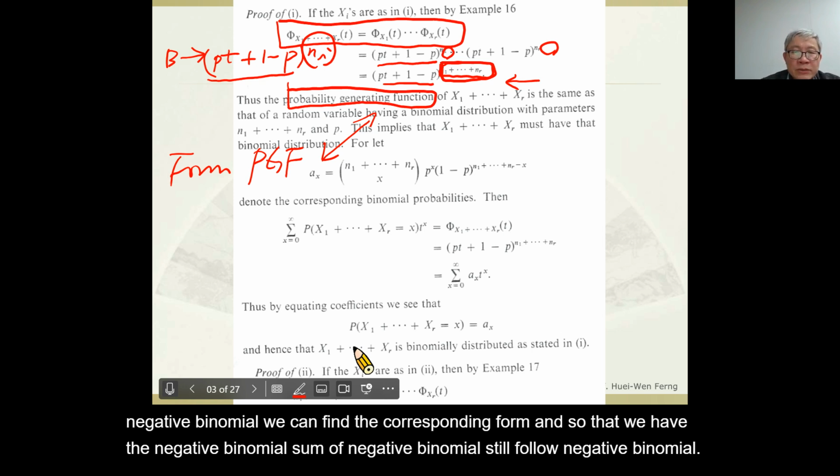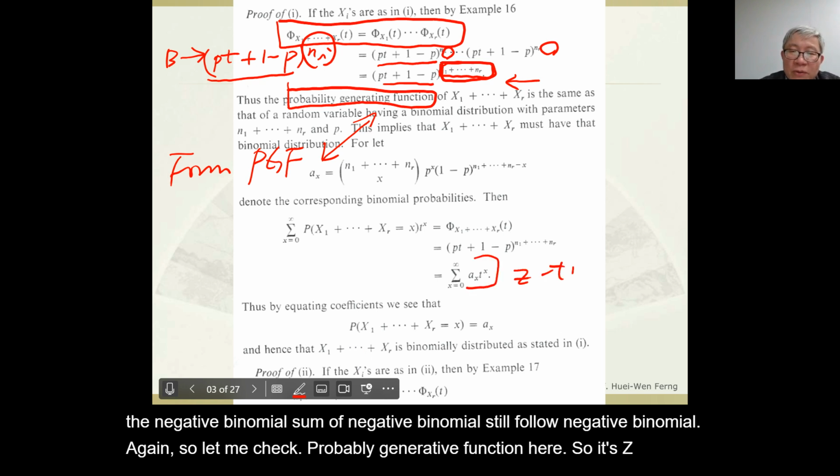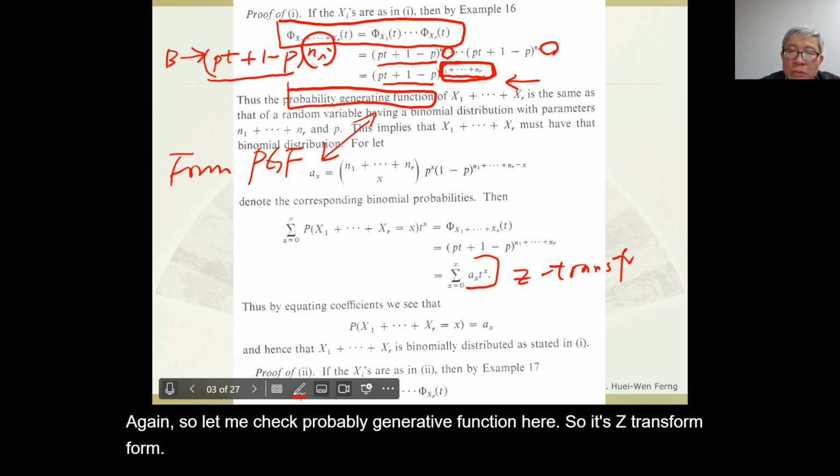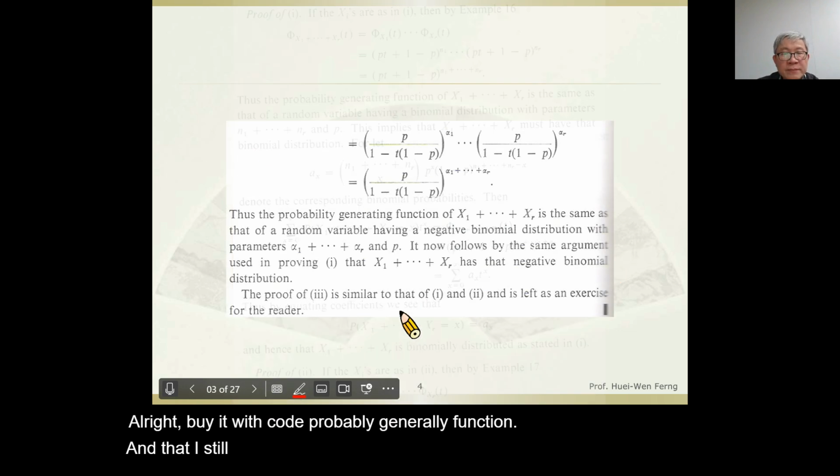Well, again, let me check the probability generating function here. It's the Z transform form, but we call it the probability generating function. Let us look at the next one.